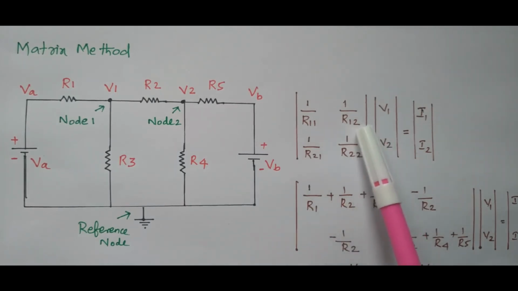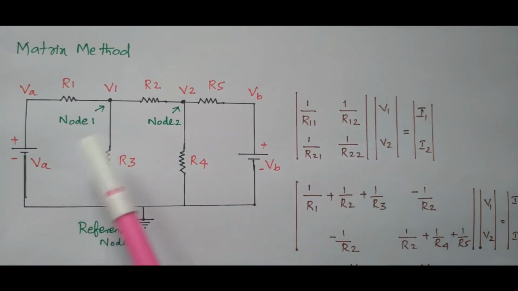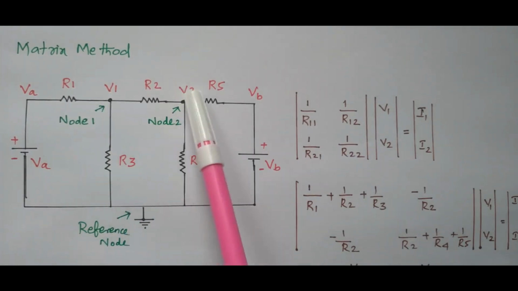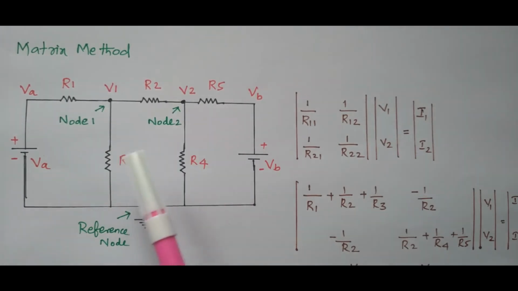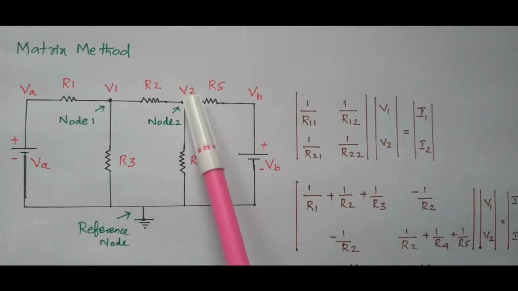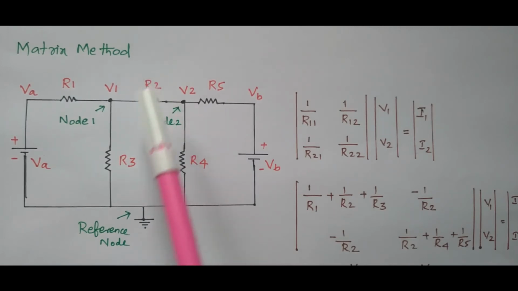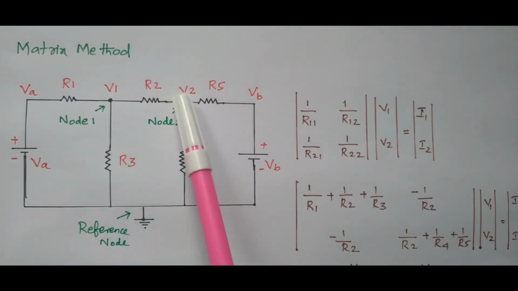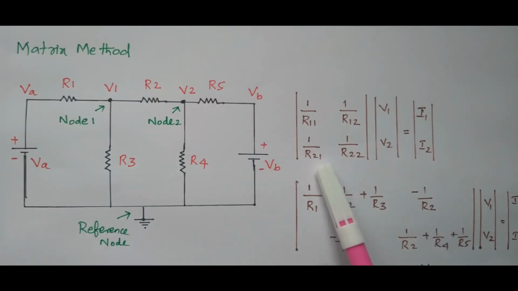What is R12? R12 means the resistor connected between node 1 and node 2. What is the resistor connected between node 1 and 2? R2. This R2 is connected between node 1 and node 2. So that is minus 1 by R2. What is R21? That is also the same.